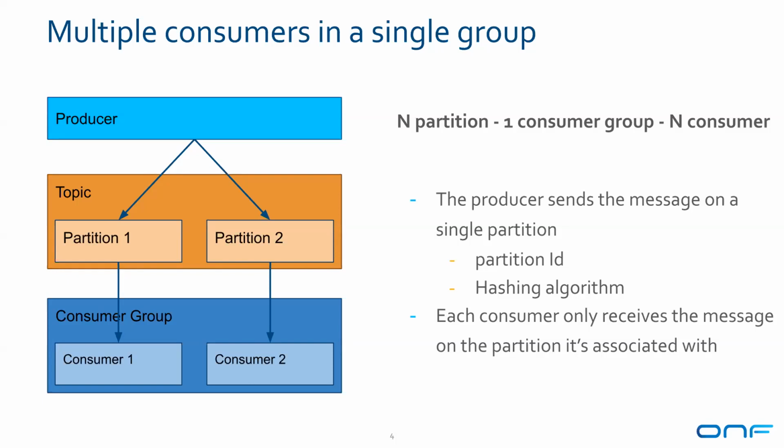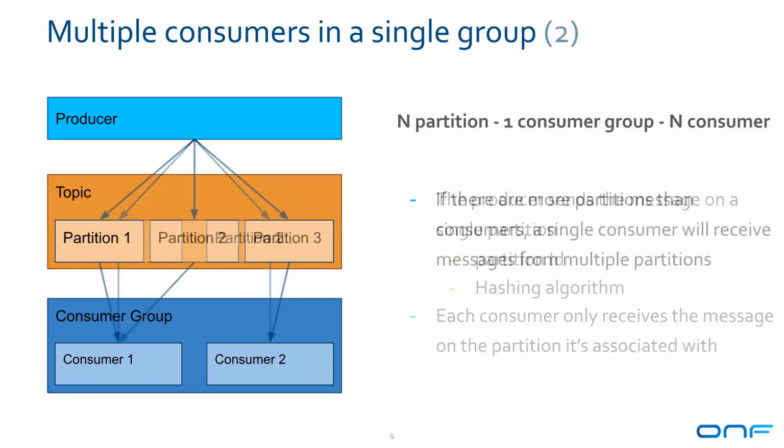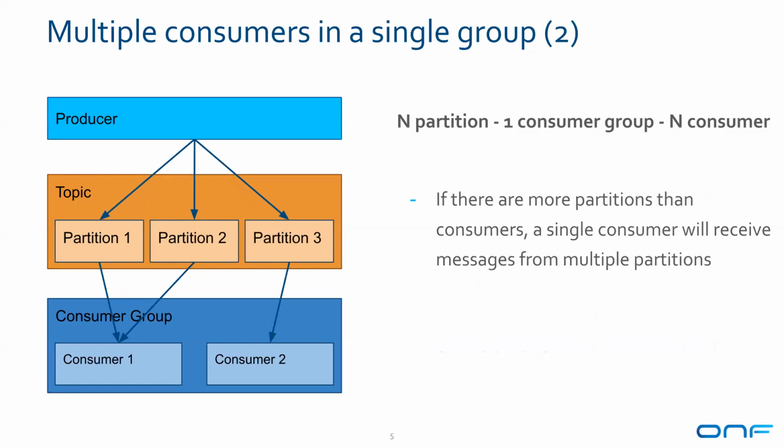What is the slide after this one? This one is a case in which you have more partitions than consumers. And still, as long as the adapters or the consumers don't restart, you'll always get a consistent mapping between the device and the adapter, because whatever goes on partition 1 and 2 always goes to consumer 1, and what goes to partition 3 always goes to consumer 2.